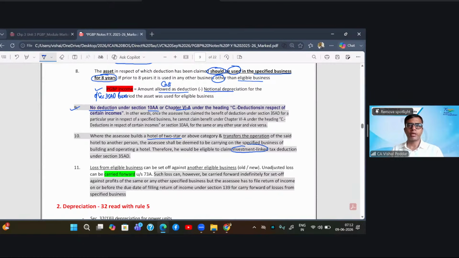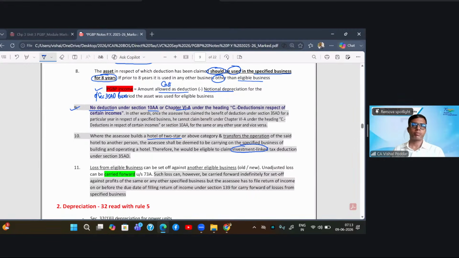Since it is an investment-linked deduction, that is, it is based on doing this capital expenditure, we will allow this deduction to the person who has purchased and created the hotel. Maybe the person himself may not be running the hotel, but this is a unique feature of the hotel business. So here we will be treating the owner of the hotel as the person eligible for 35AD deduction because that person has done the expenditure.